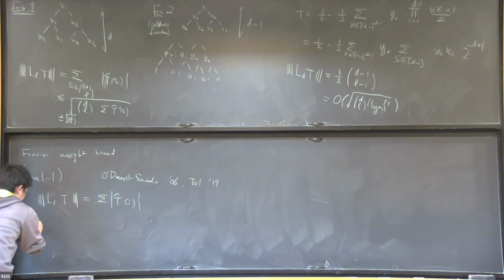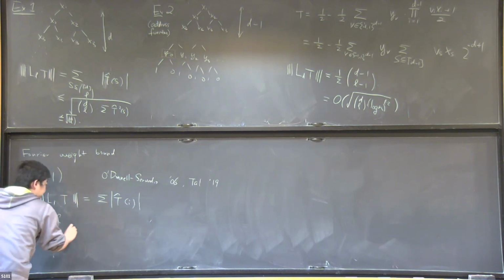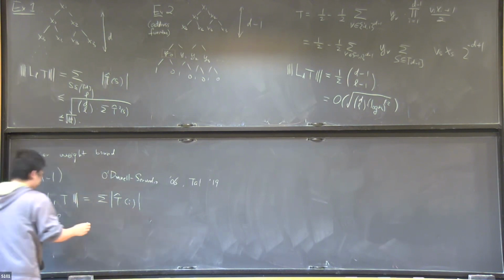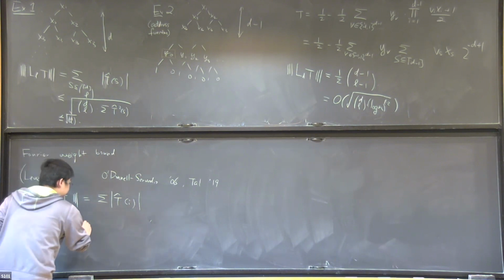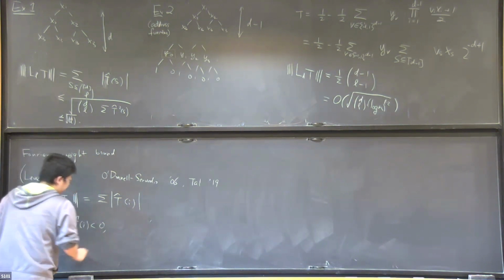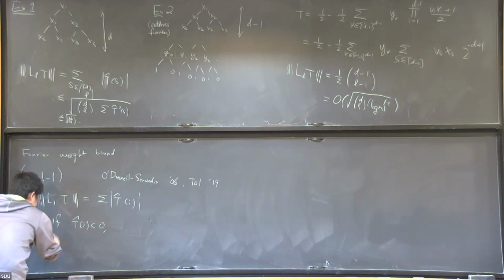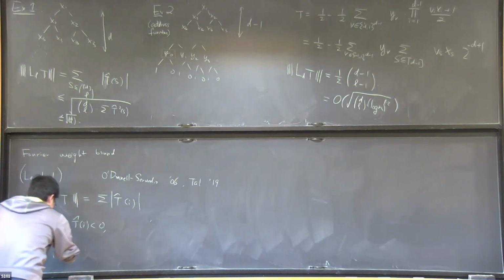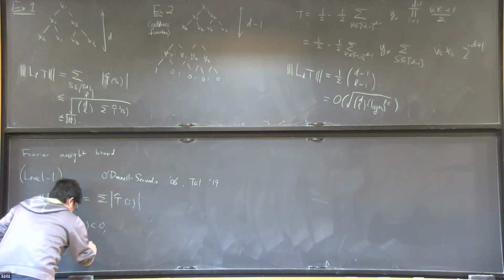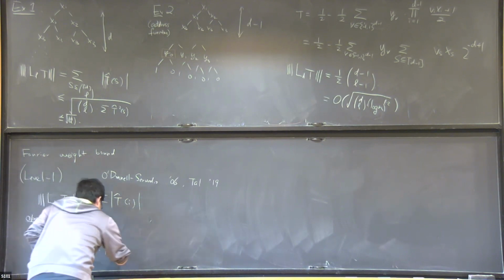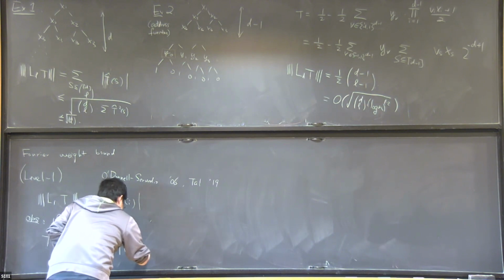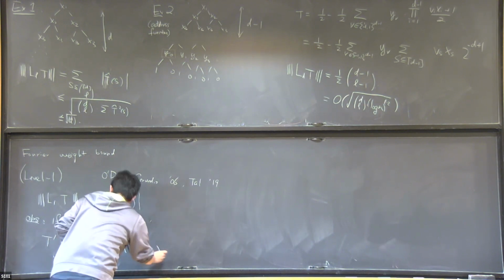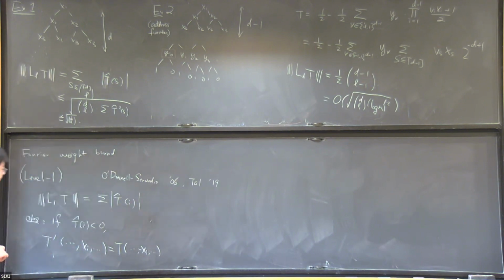Because if for some i the Fourier coefficient is negative, you can come up with another function that negates x_i.